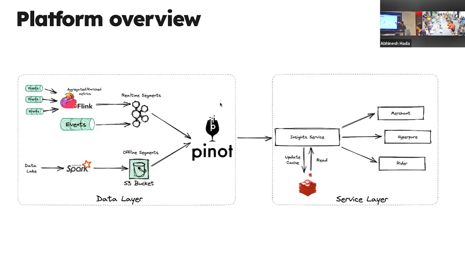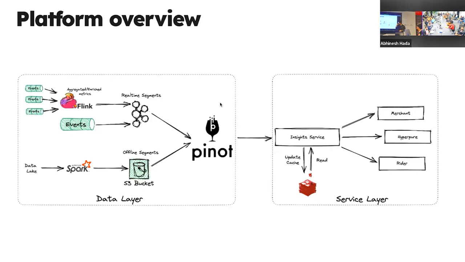Now that the data is available on Pinot, we are wrapping it through our service and making it available to the other services. Here you can see that we have made caching available on the service itself, since most of the use cases were on a time-series basis, like daily, weekly, or monthly.